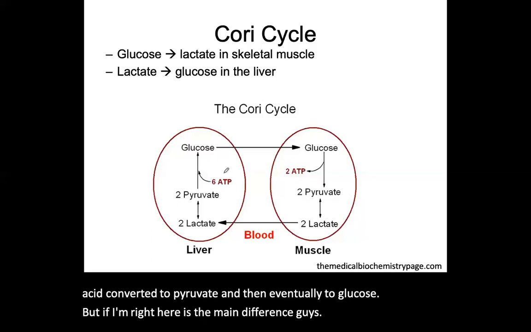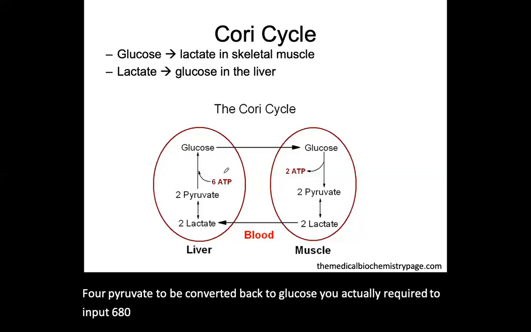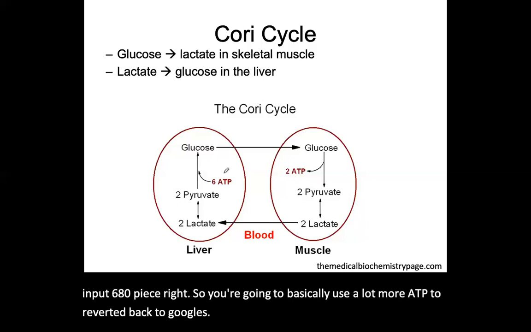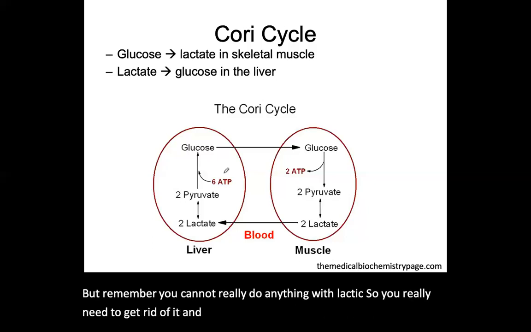For pyruvate to be converted back to glucose, you actually require to input 6 ATPs, right? So you're gonna basically use a lot more ATP to revert it back to glucose. But remember, you cannot really do anything with lactate, so you really need to get rid of it and convert this to something useful. Now, what can you do?